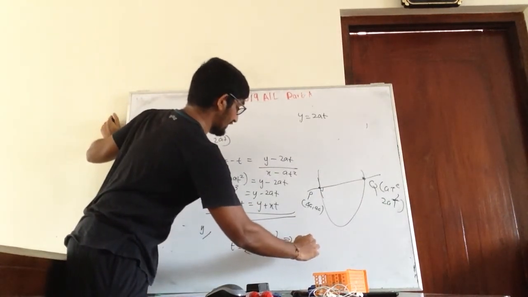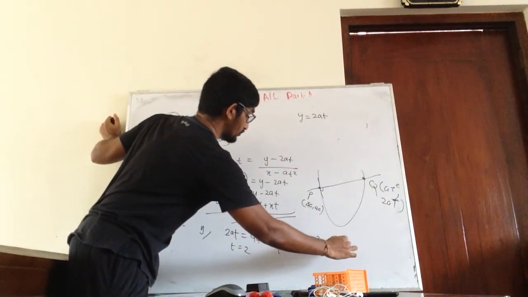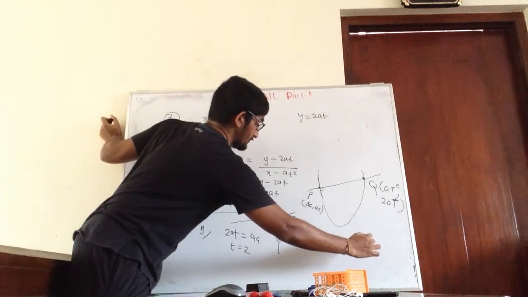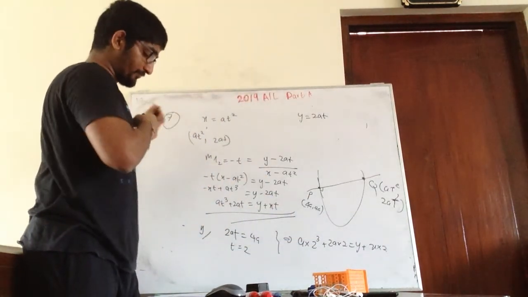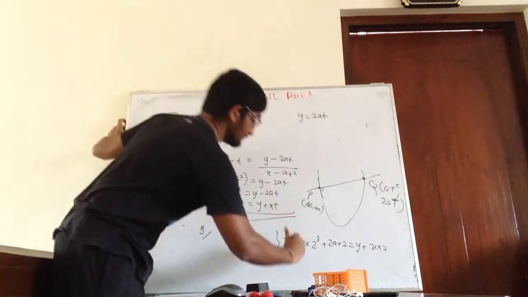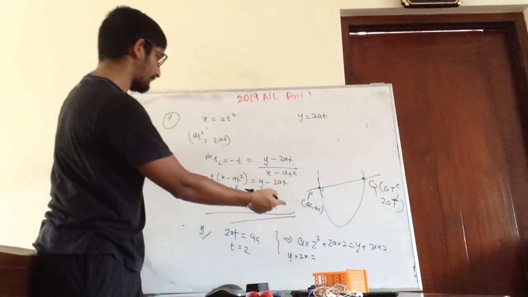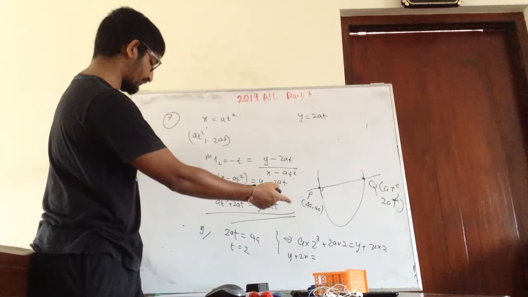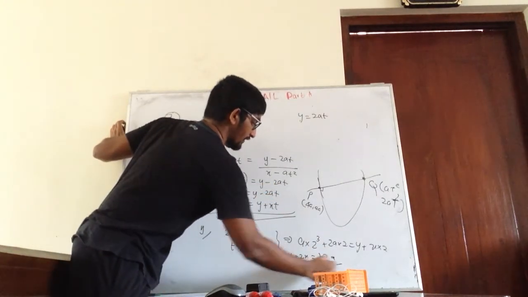So now I can write this equation as a 2 cubed plus 2a 2 y plus x into 2, right? So here I get the equation as y plus 2x is equal to 8a plus 4a, that means 12a, right?